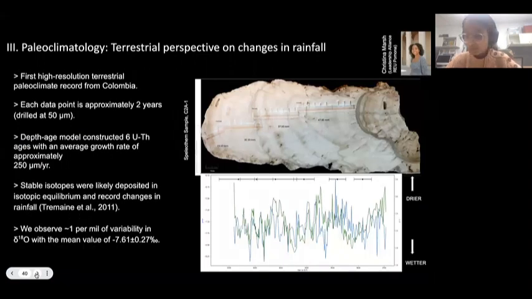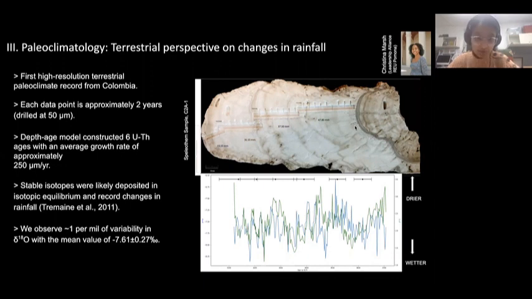So this is work that an undergraduate student who was visiting us through the REU program, Christina Marsh, spearheaded. We are looking at a speleothem sample, C2A. It's on its side, essentially. So this is the top of the stalagmite, and you're going deeper back in time.